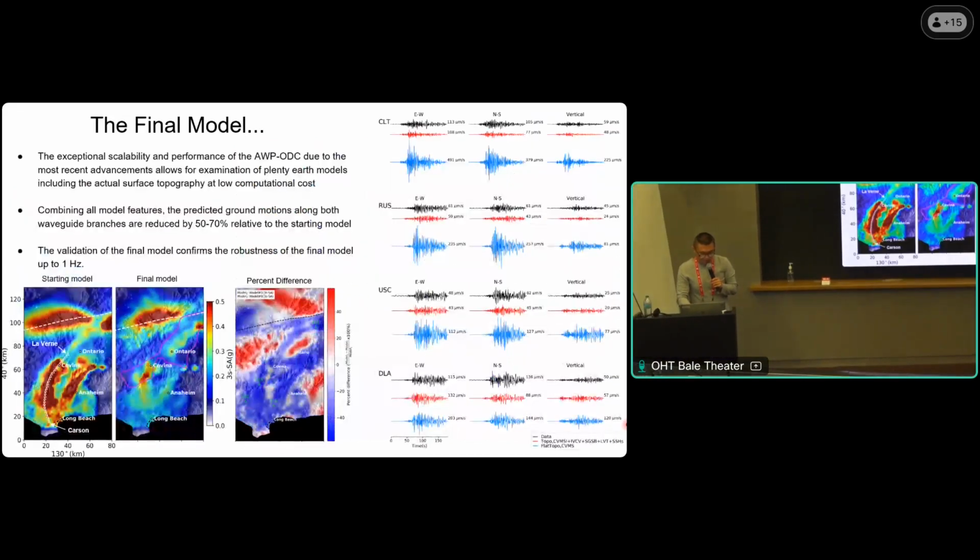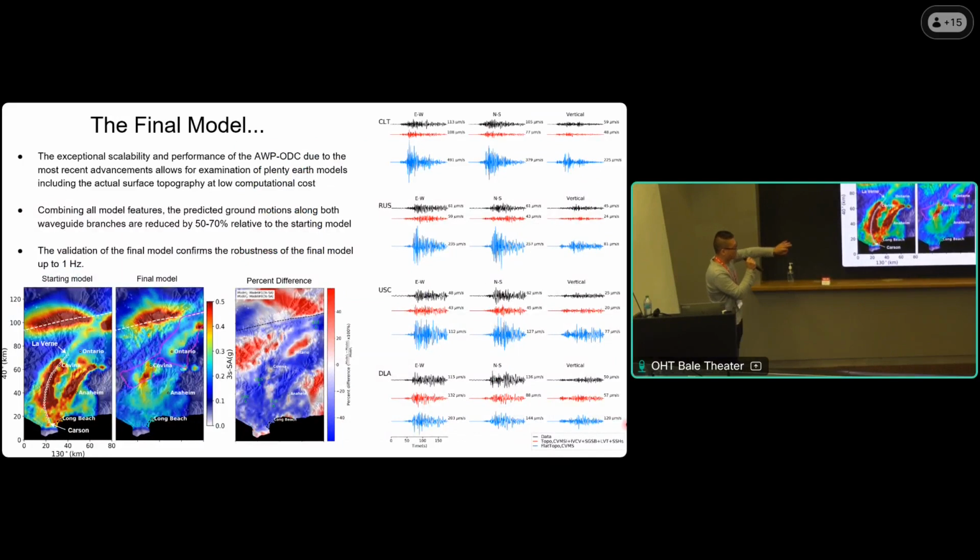Then we realized how important it is to revisit all these studies using the better code and more realistic model, just to make sure we're really up to date on the ground motion prediction for a scenario like this.